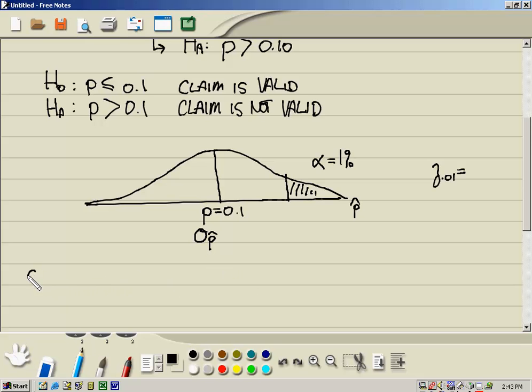Alright, so down here, let's calculate the standard deviation. Sigma sub p hat is the square root of pq divided by n, or, which is exactly the same, p times 1 minus p on n.